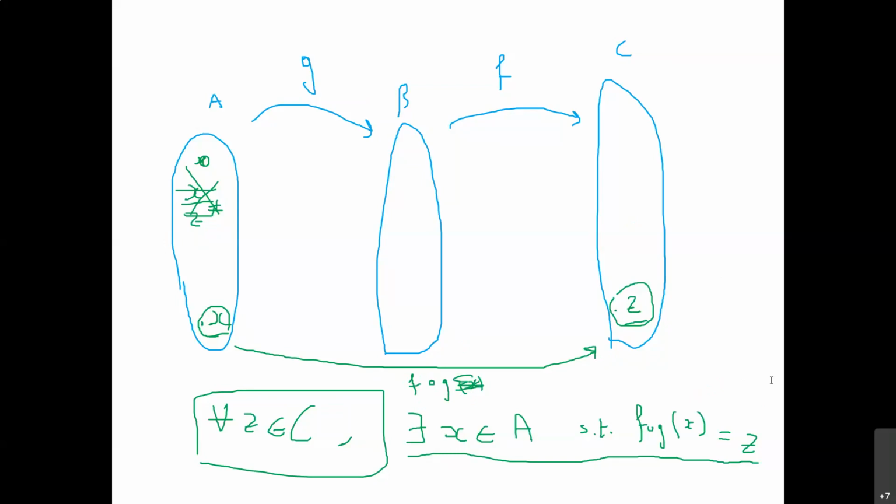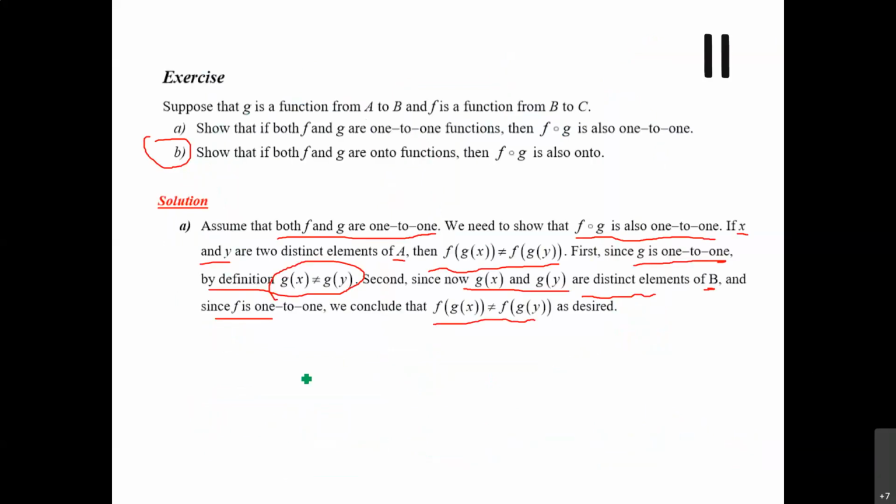Almost. You're saying surjective means it should have a pre-image in B, right? No, not necessarily. Let me write it somewhere. So what does it mean to be surjective? Let's say you have a mapping, it could be called anything.